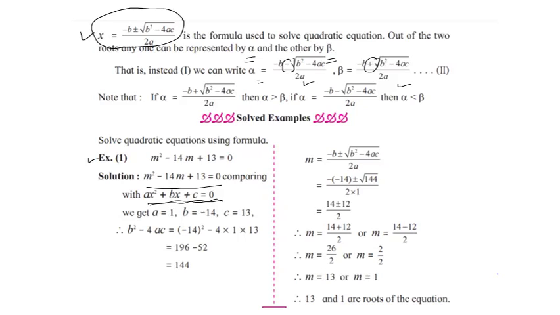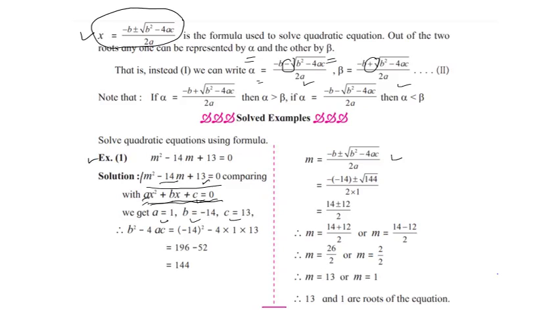After comparing, we get a equal to 1, b equal to minus 14, and c equal to 13. After getting these values of a, b, c, use this formula.